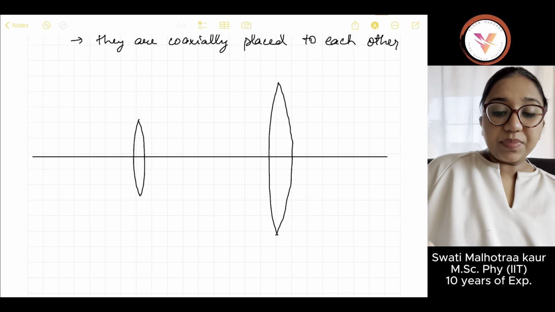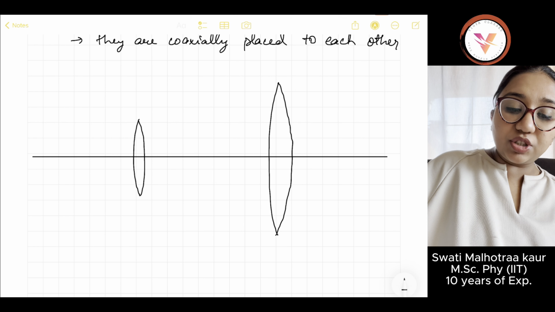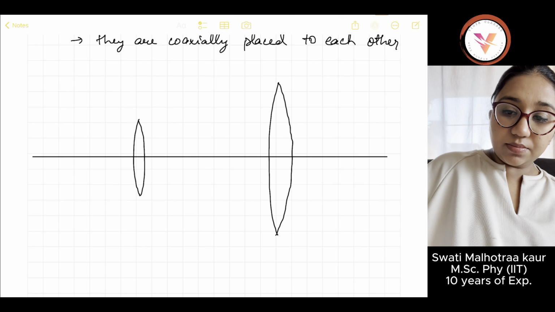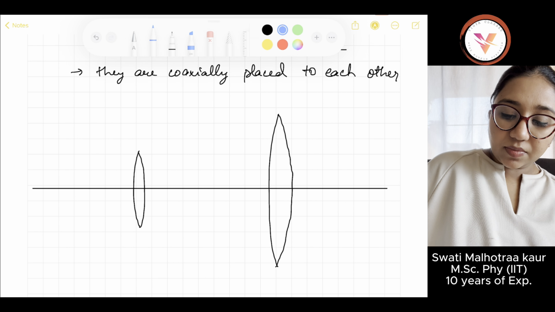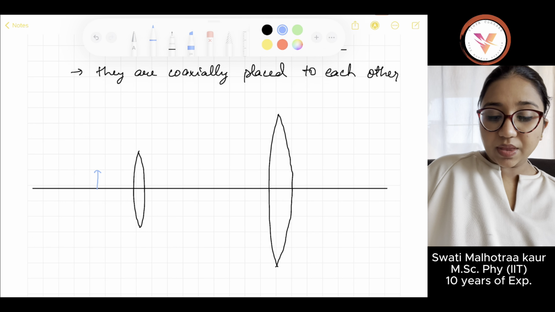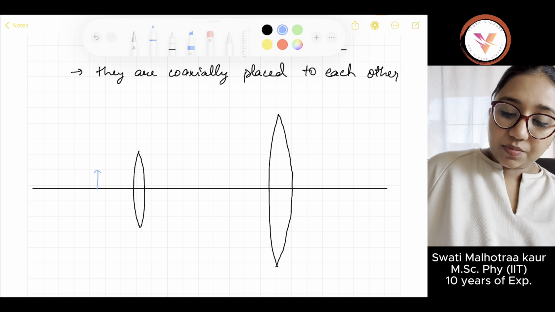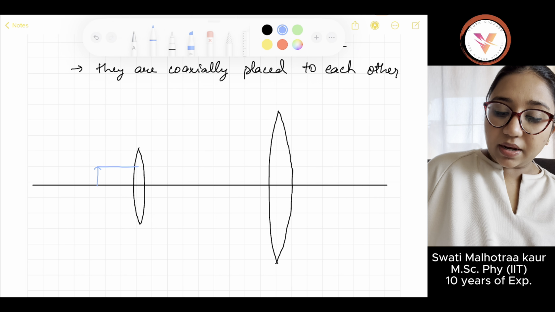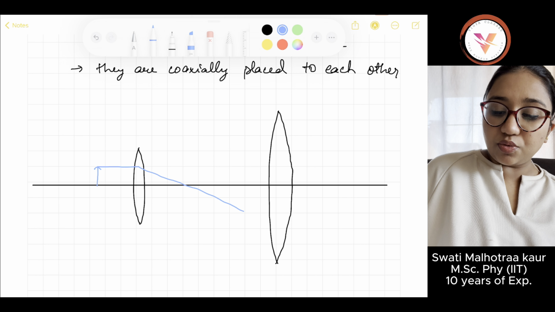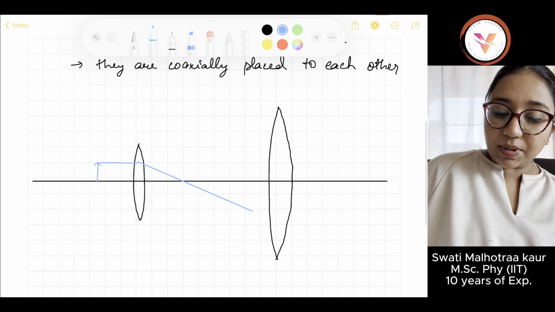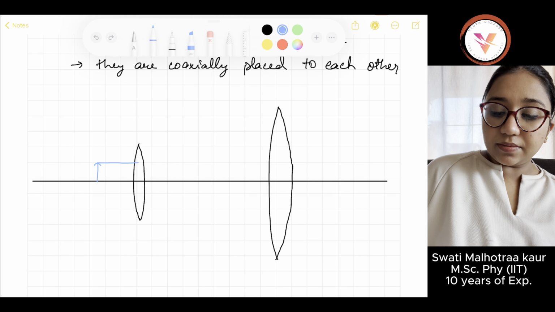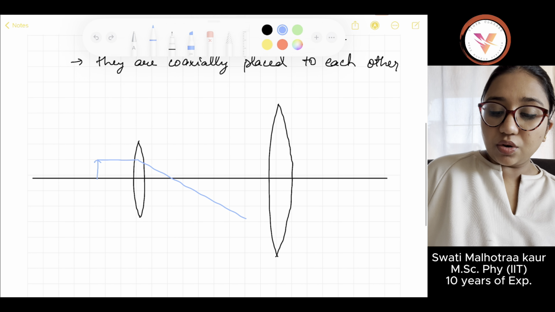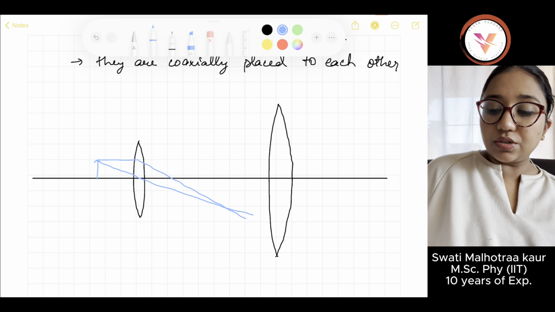Let's consider this is an object. From this a ray is coming parallel to the principal axis and it passes through focus, and the other ray passes through its optical center. Okay, the ray diagram should be very clean. Just remember that. Even in your answer sheet, just draw it properly.